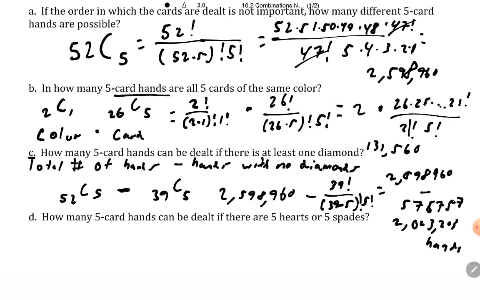How many 5-card hands can be dealt if there are 5 hearts or 5 spades? Okay, so all 5 cards have to be hearts or spades. So we want to know, out of the 13 hearts, we're going to choose 5 of them, plus 13 choose 5.